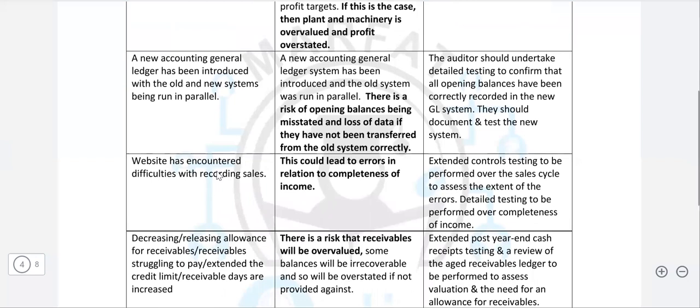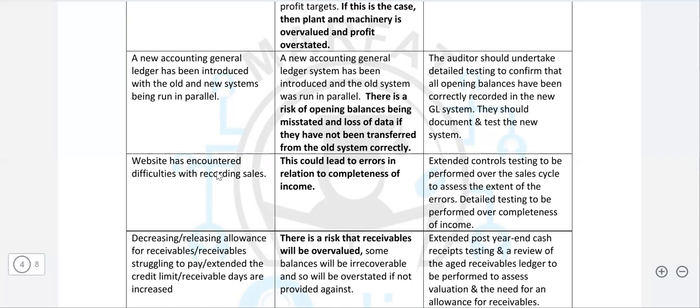Then we have a new accounting general ledger, a new accounting software, that has been introduced with the old and new system being run in parallel, and even not being run in parallel. They're shifting the records from the old system to the new system, old software to the new software.